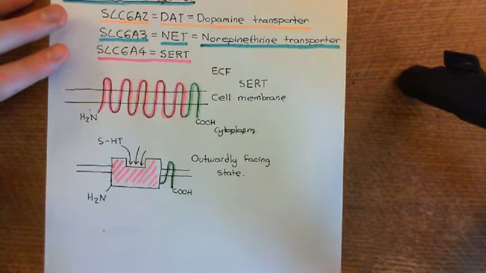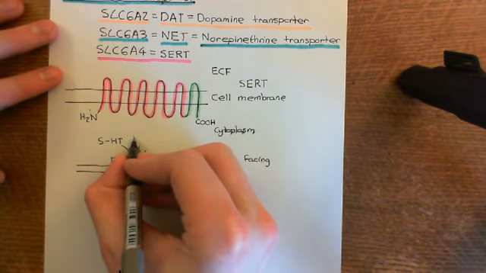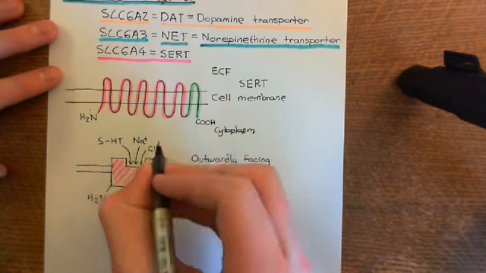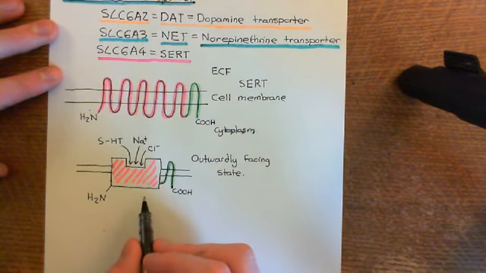Okay, they do not couple the reuptake of serotonin, noradrenaline, and dopamine to the hydrolysis of ATP. Instead, they couple it to the movement of ions down their gradient. Okay, so the ions that are going to move are sodium and chloride. Okay, so remember there is a fantastic sodium gradient across the cell.